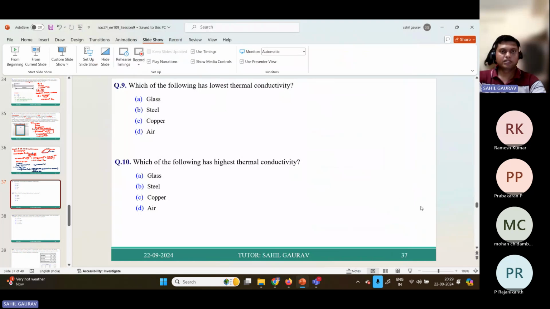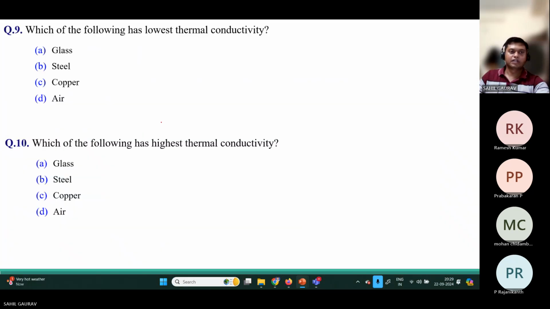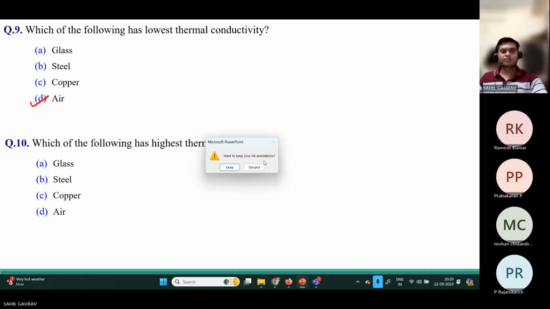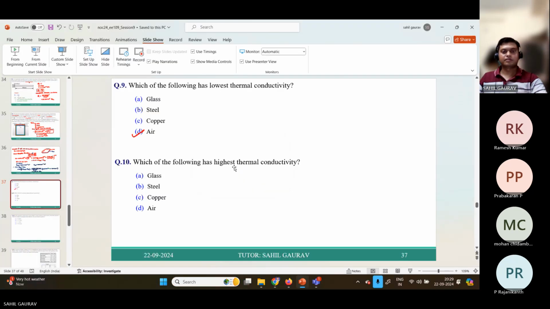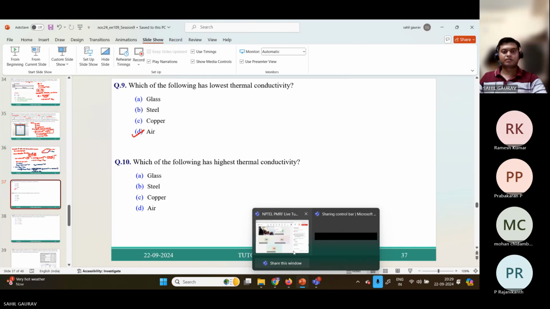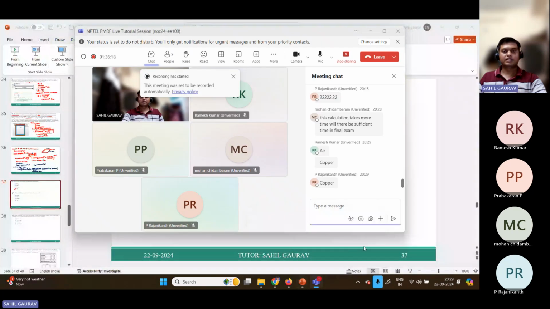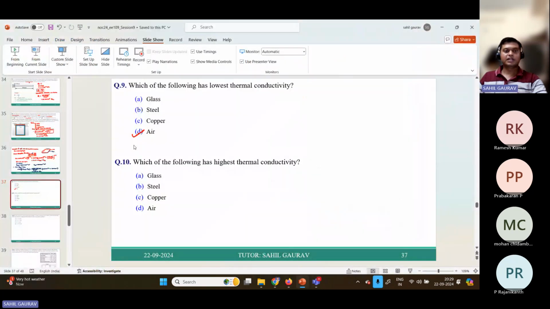Air has the lowest thermal conductivity. And which of the following has the highest thermal conductivity? Glass, steel, copper, air. Copper. Yes, Rajnikant, very good. Copper has the highest thermal conductivity.